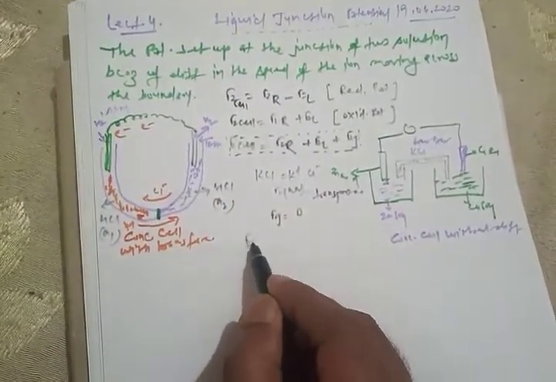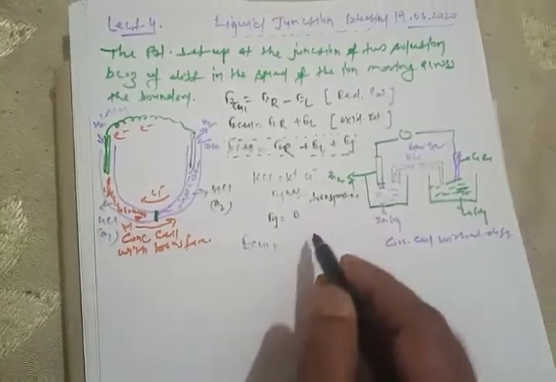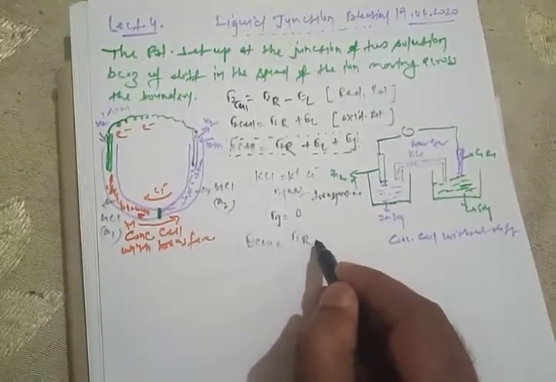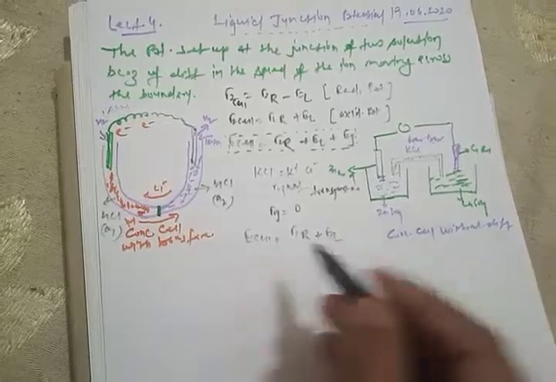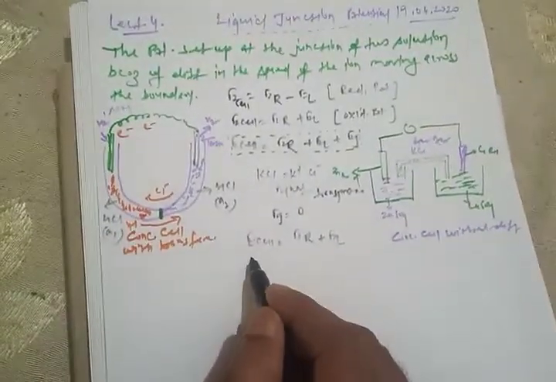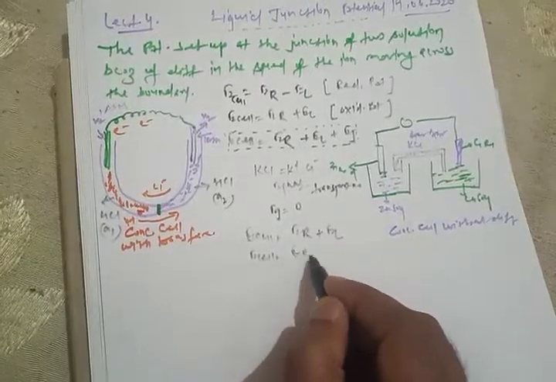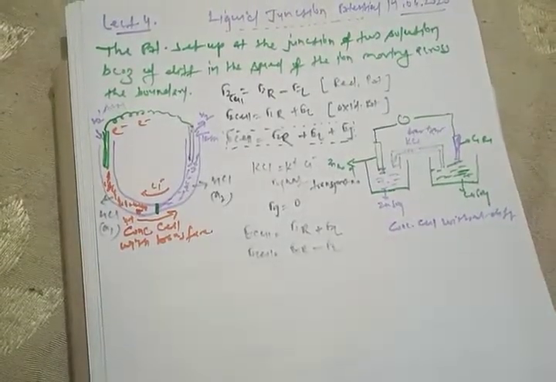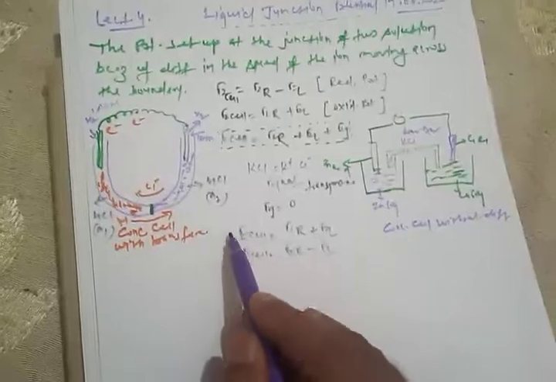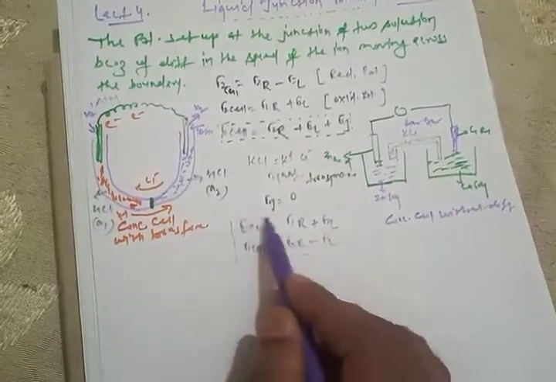So E cell again is nothing but E_R plus E_L or E_R minus E_L. So if you are taking KCl, the value will be again the same.